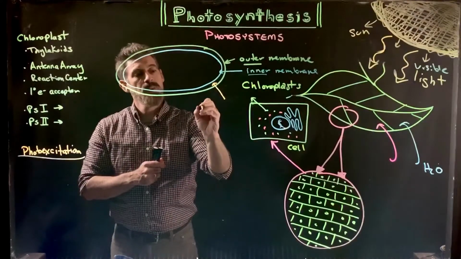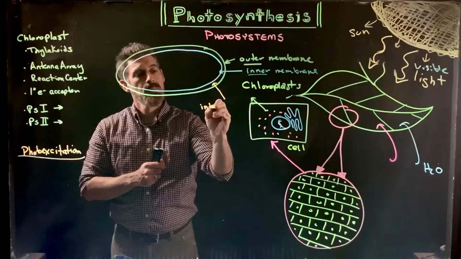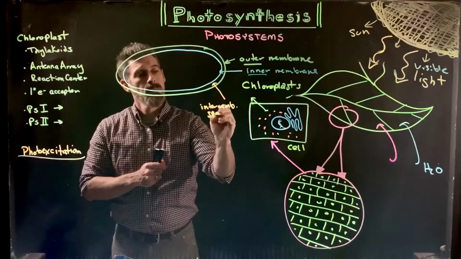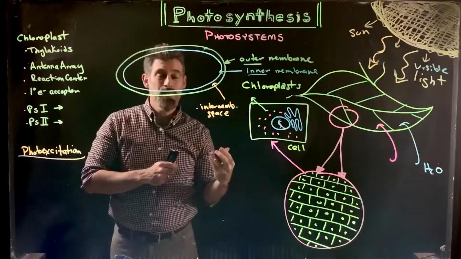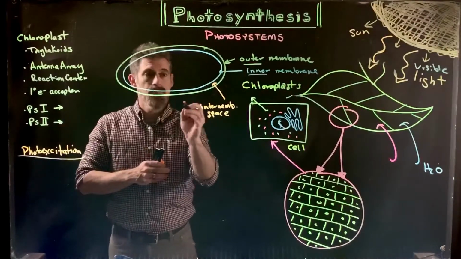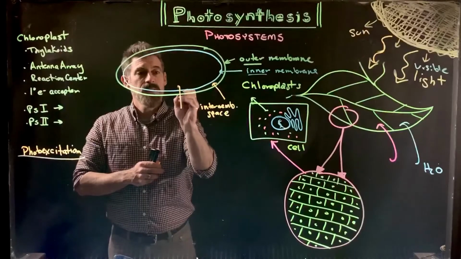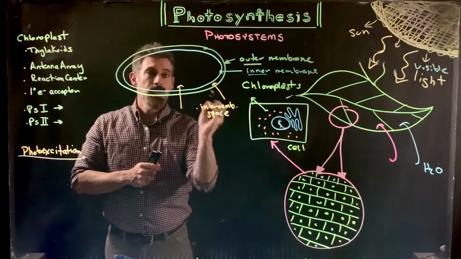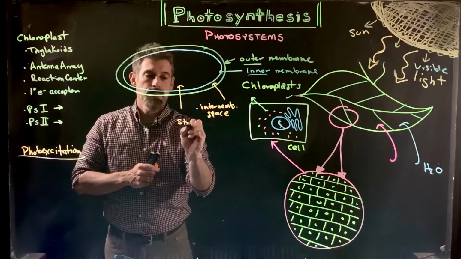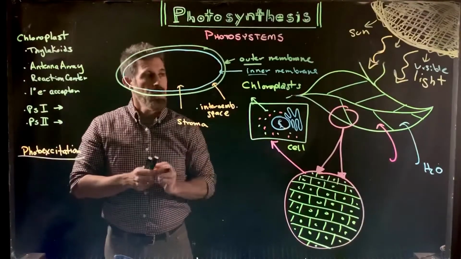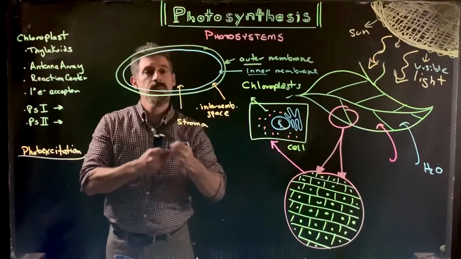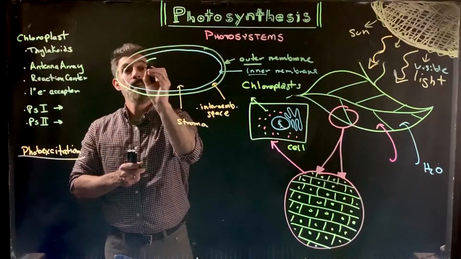There's an intermembrane space. In the mitochondria, that space was very important. Here it's not going to play that significant of a role. We have this space to the interior that's going to be called the stroma of the chloroplast.